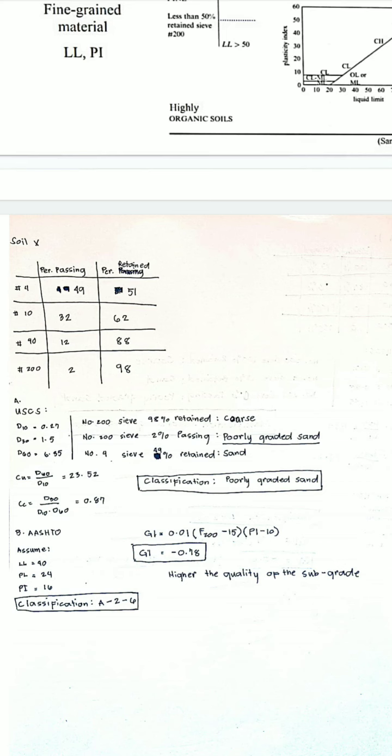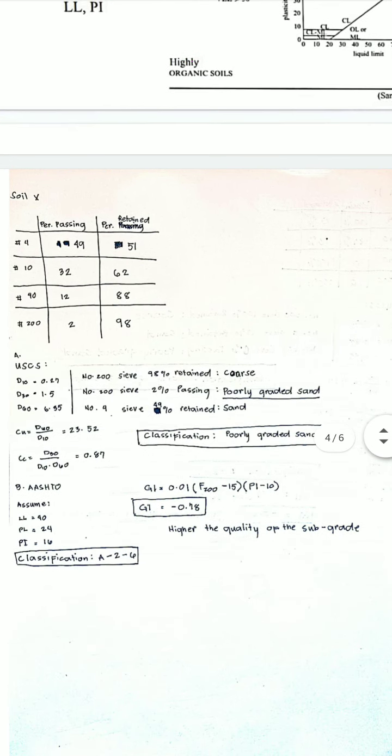Now, to classify the soil type of X, we have a sieve size number 200 of 98% retained, meaning it is coarse. According to the table, number 200 has 2% passing, and number 4 sieve size has 49% retained, so it is sand.